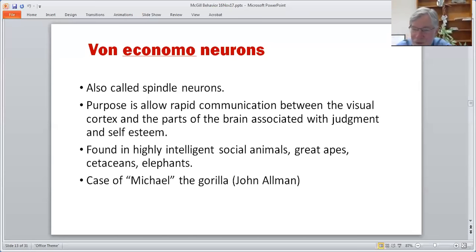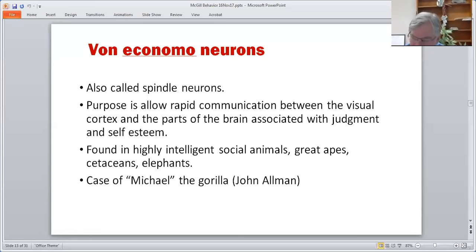So it's a pretty incredible story too. Michael was raised with Coco, but also with human children. The researchers let Michael play and learn sign language and sign with other human beings. So he was really socialized in human culture. Michael died fairly young, I'm not sure, maybe age 15 or so.